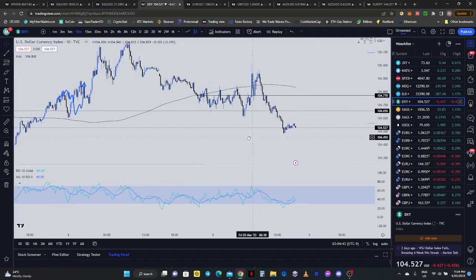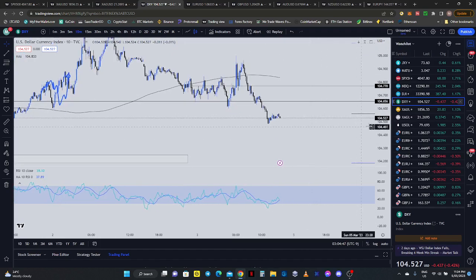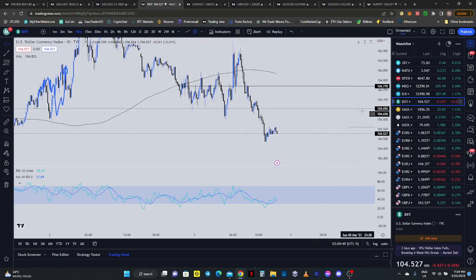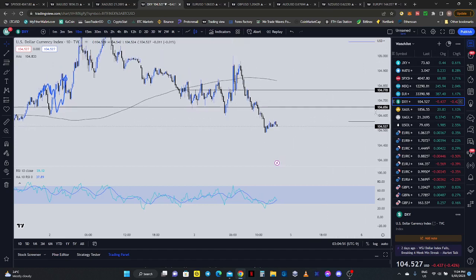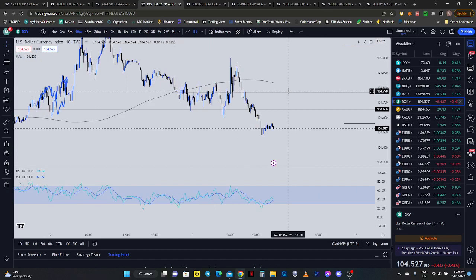So I am, again, looking at this as a potential leg low, expansion leg low. With how stocks are looking, with how the commodities, gold and silver, are looking, it's hard to be bullish on DXY.